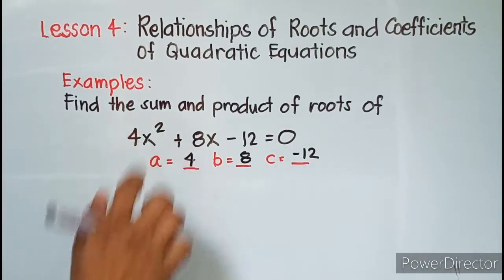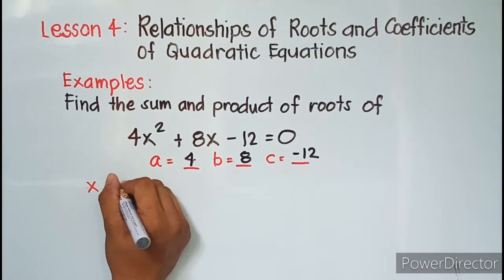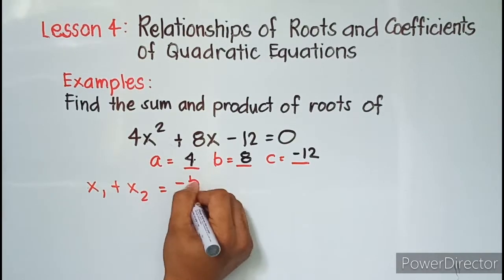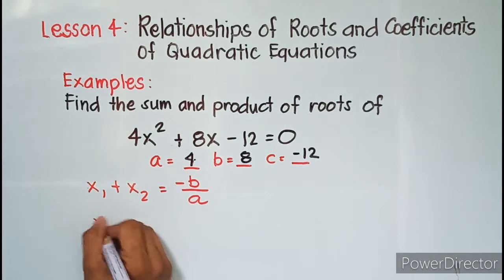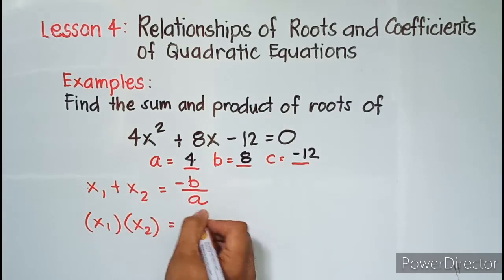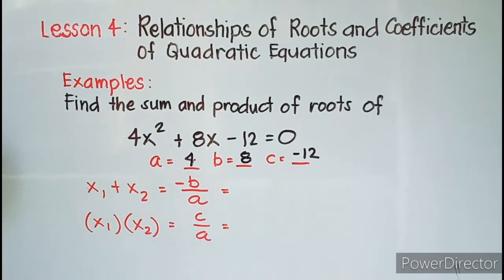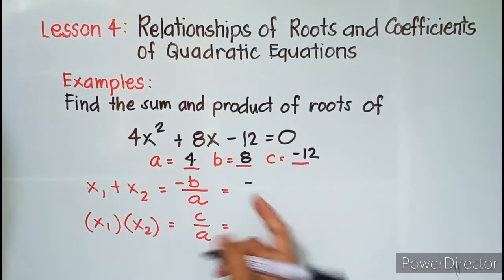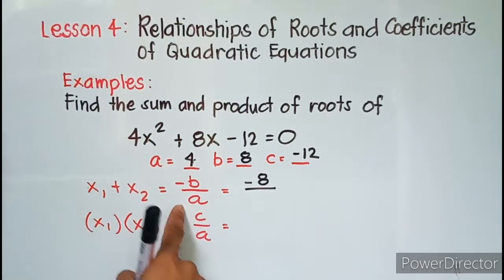So we are going to look for the sum. So our sum is x sub 1 plus x sub 2 equals negative b over a. And for our product, we have x sub 1 times x sub 2 equals c over a. Then substituting our coefficients, we have negative, then our b is 8, and our a is 4.